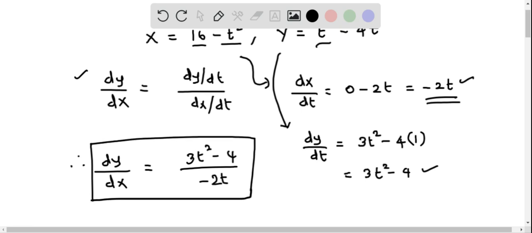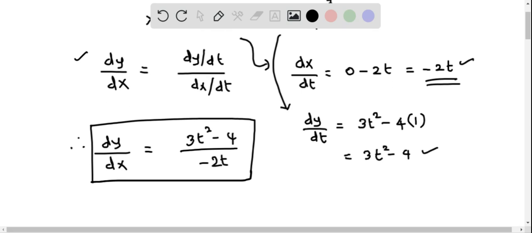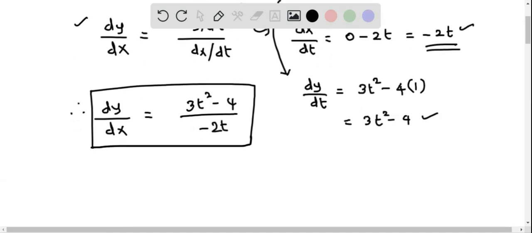And now we have to determine the values of t so that the slope is undefined. Clearly from this quotient, we see that when t equals 0, the denominator is 0, that is, the slope is undefined when t equals 0.